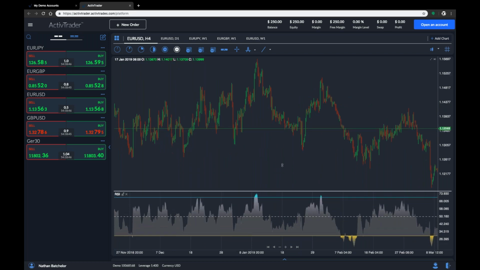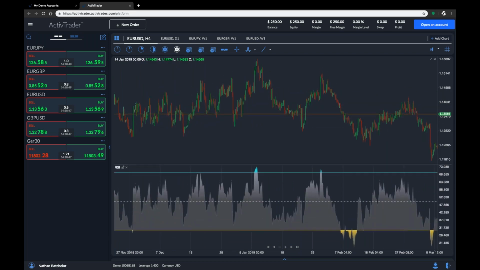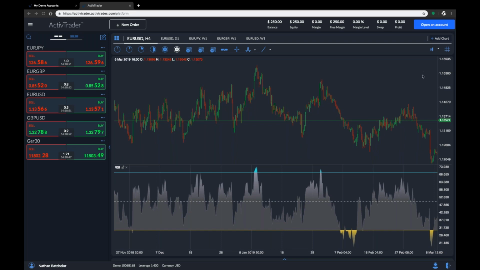And if I just make it a little bit larger. So in an ideal situation, in hindsight, you would look at the peaks and the troughs like this, and you would see that they correspond to when the RSI has also been in an overbought or oversold situation, which is great in a sideways market like this or a range.